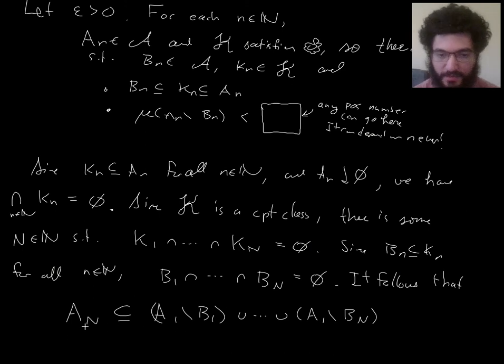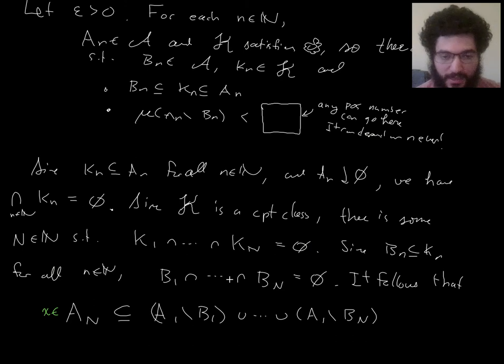It's basically a set theory argument. If you take something in here, so let's say I take some x in there, then can I prove that it's in here? Well, B1 up to B capital N, the intersection is empty. So there's at least one of these that x is not in, right?